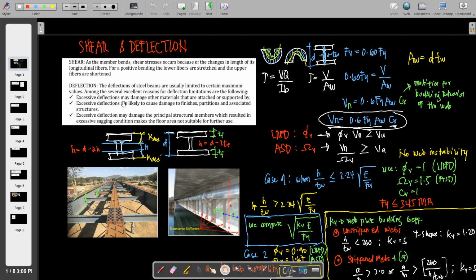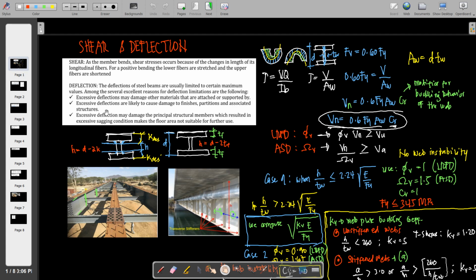Now, moving on to the deflection. So under deflection, the deflection of steel beams are usually limited to certain maximum values. Among several excellent reasons for deflection limitations are the following. Kasi hindi naman pwede na pasado nga siya sa buckling, shear, and flexure, bagsak naman siya sa deflection because the implication there is excessive deflection may damage other materials that are attached or supported by.